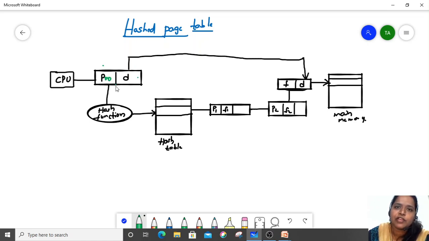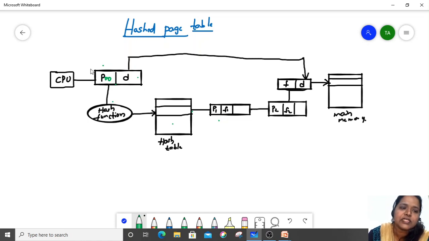This page number is given to the hash function, which provides the hash value, and that value is searched in the hash table. We place the keys in linked list format. Why do we go for the linked list format? In order not to have collisions. This is the concept we overcome here.